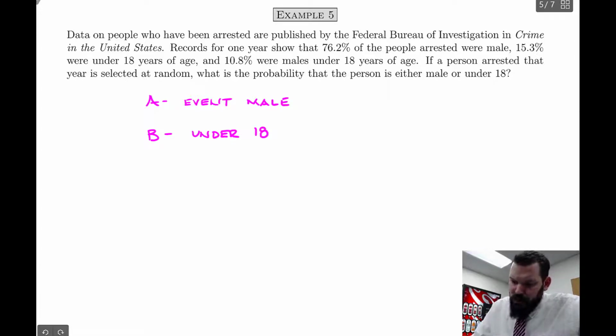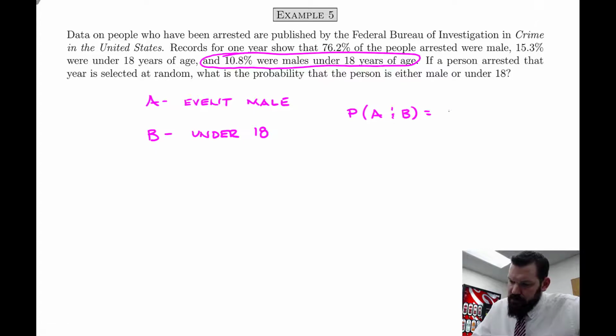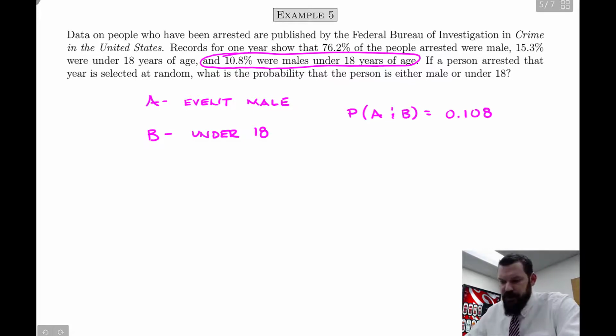The probability that they are male under the age of 18, A and B, is 0.108. We take the percentage and convert it to a decimal.